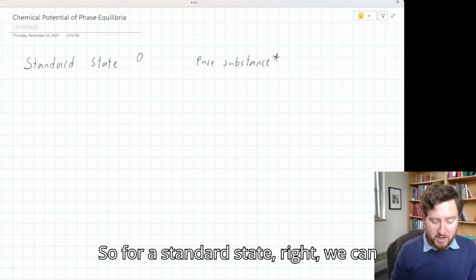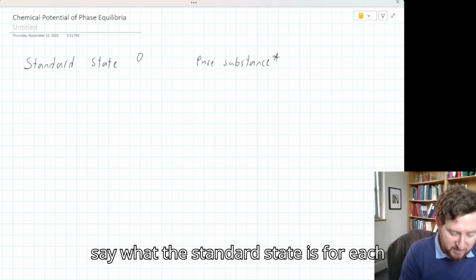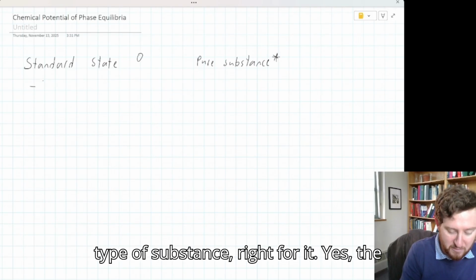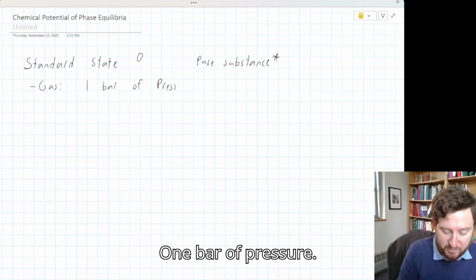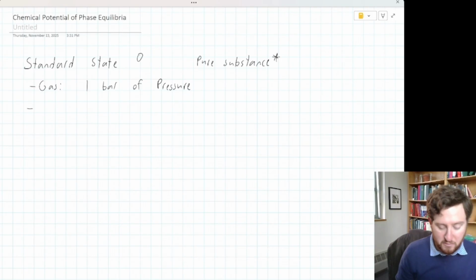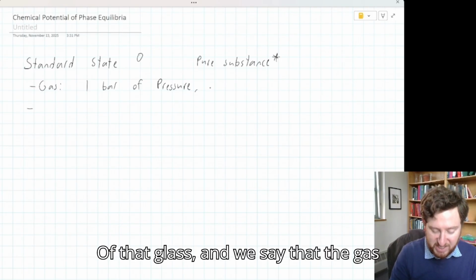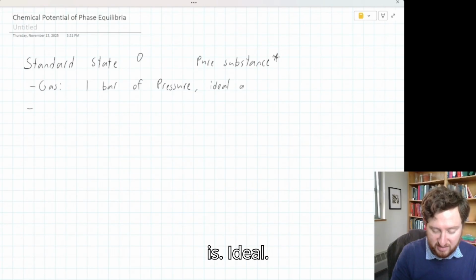So for a standard state, we can say what the standard state is for each type of substance. For a gas, the standard state is 1 bar of pressure of that gas, and we say that the gas is ideal.